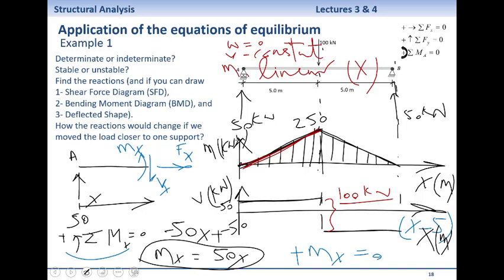Constant. Very good. What do you see above M? Constant. If I differentiate a constant, what do I get? 0. See what the W is?